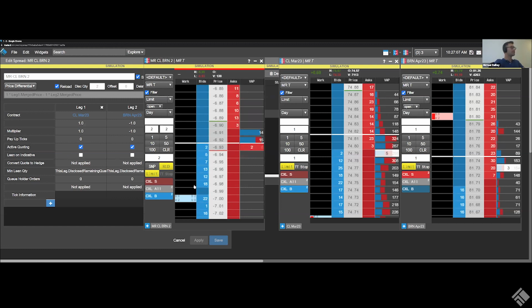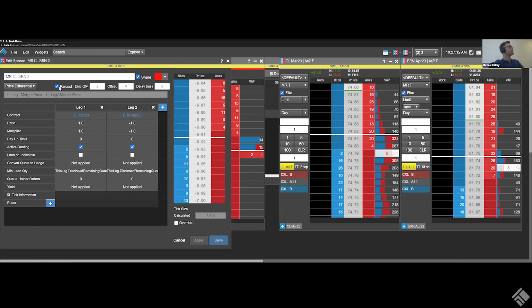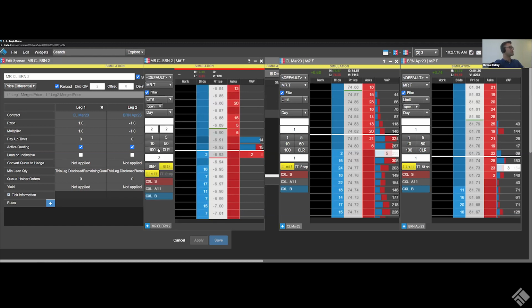So a few other things that we want to touch on here. A moment ago, we looked at, within our config, we had set reloader and set a minimum disclosed quantity of 2. If we go back to our MD Trader, I just want to point out a few differences here specific to the Autospreader MD Traders.